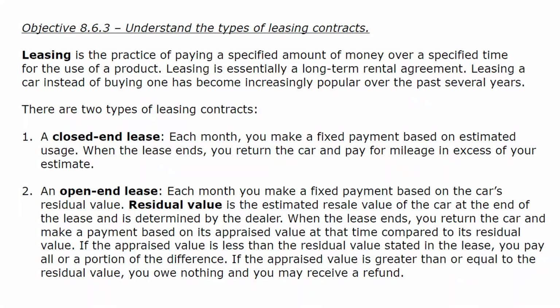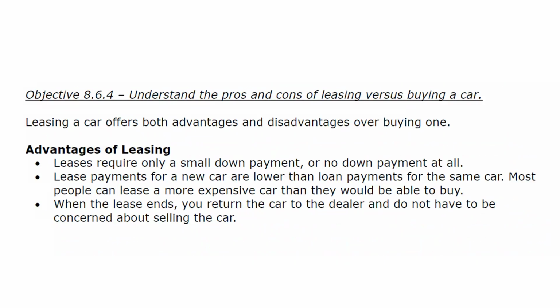If the appraised value is less than the residual value stated in the lease, you pay all or a portion of the difference. If the appraised value is greater than or equal to the residual value, then you owe nothing and you may receive a refund. Okay. Those are the 2 different types of leasing.